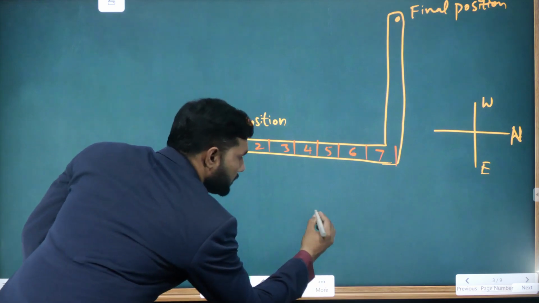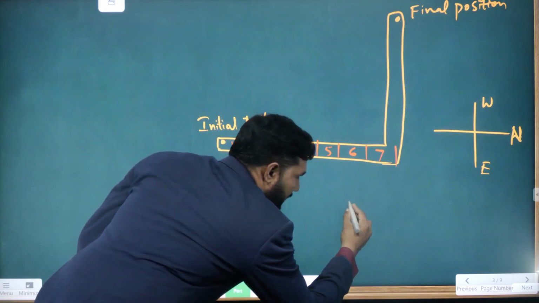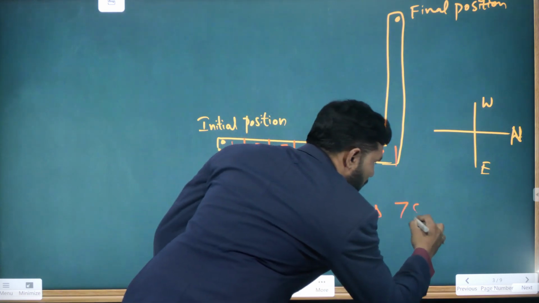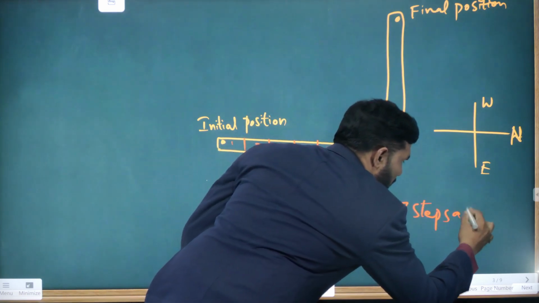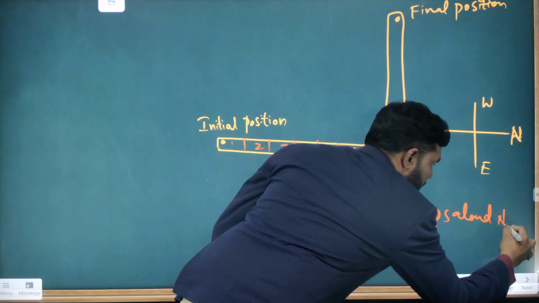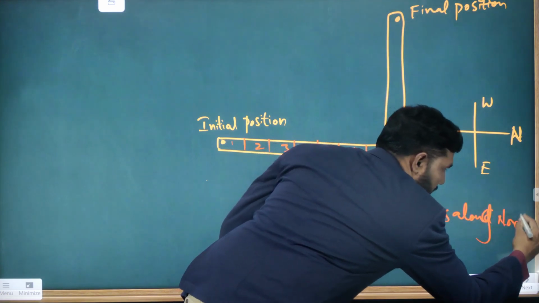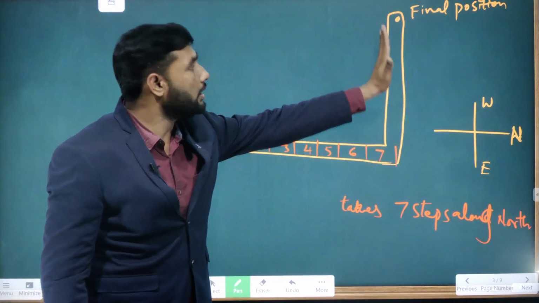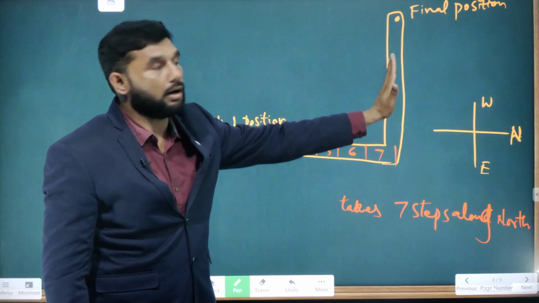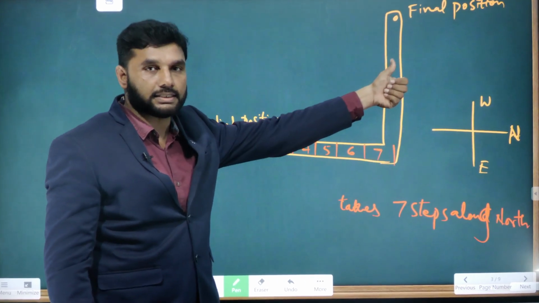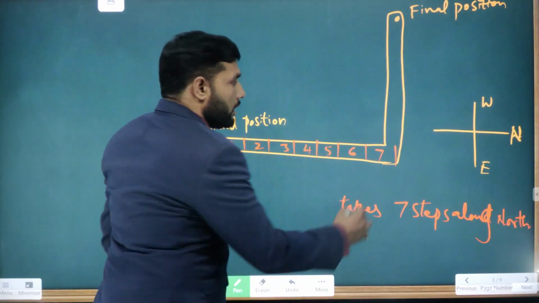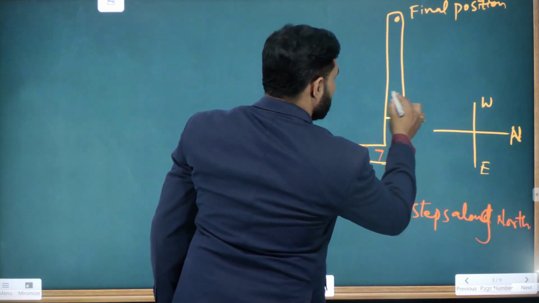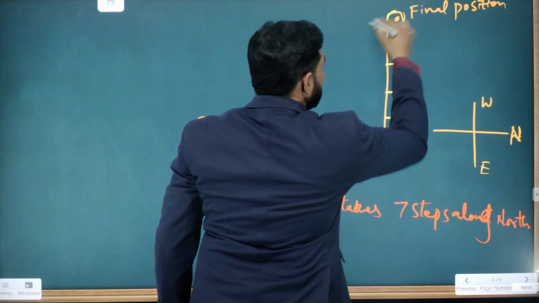So how do I write it? You will redirect him: take 7 steps along north. And from there he has to change his direction towards west, and take a few more steps to reach your destination.